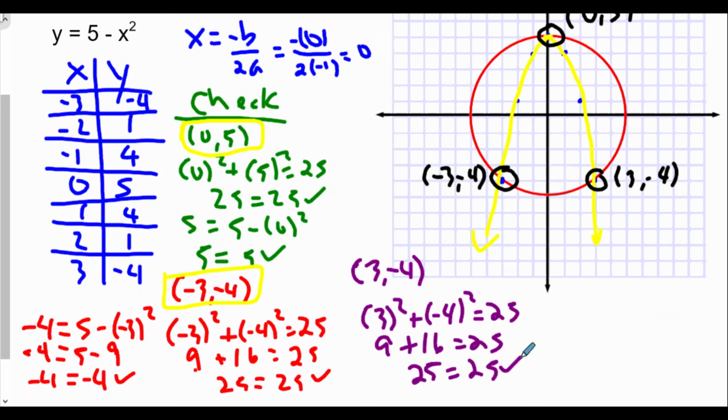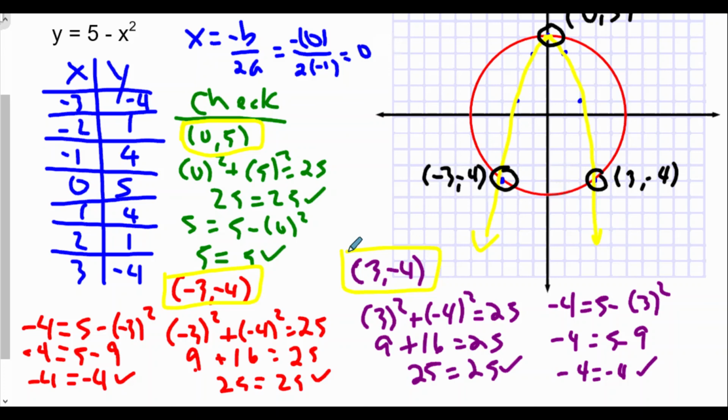And does it work out for the other equation? Does -4 equal 5 minus 3 squared? -4 equals 5 minus 9. Yeah, 5 minus 9 is -4. That's a check. So our solutions in this case will be our 3 coordinates: (0, 5), (-3, -4), and (3, -4).